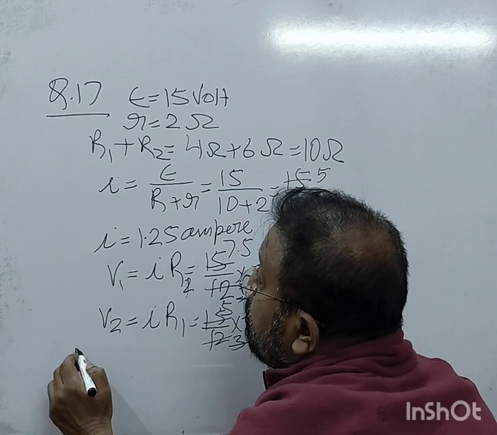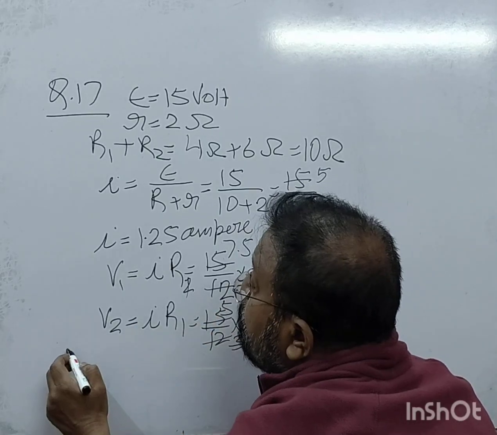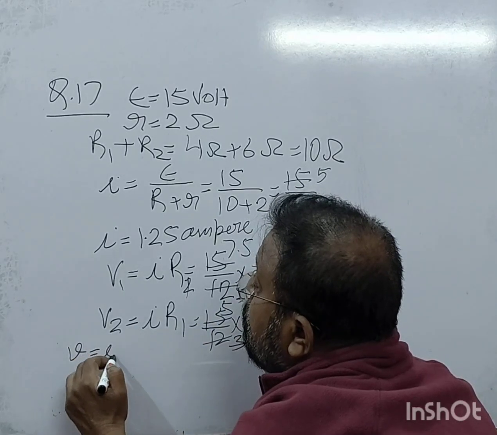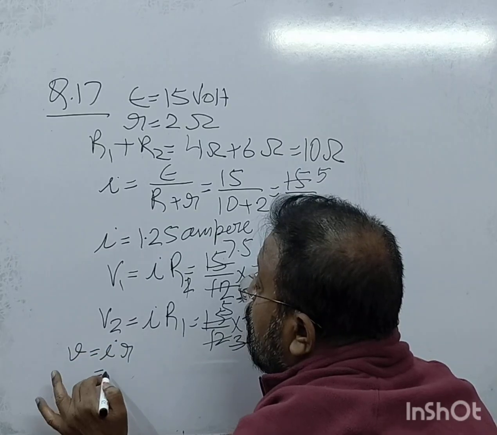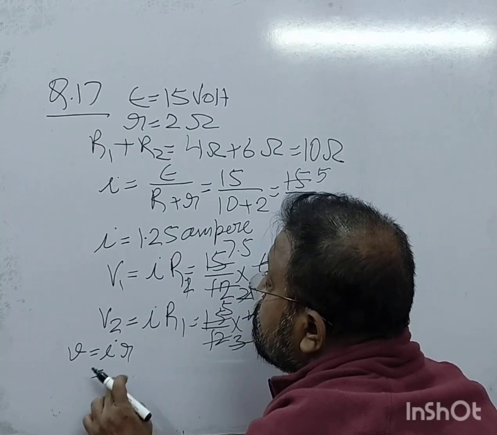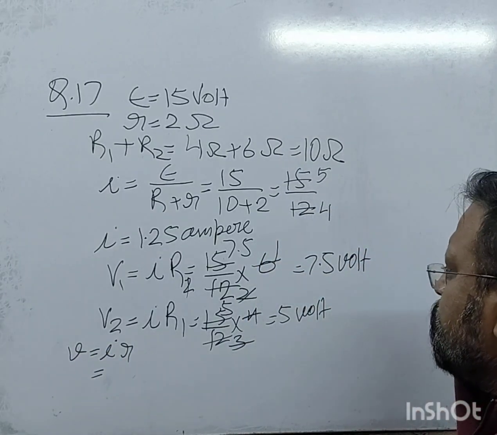अब voltage drop V is equal to IR. So I is how much? Internal resistance is 2.